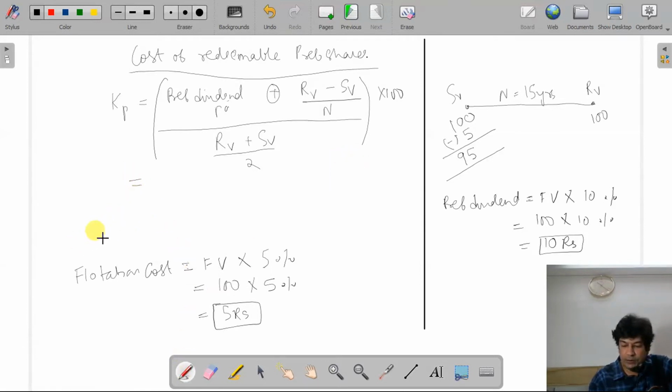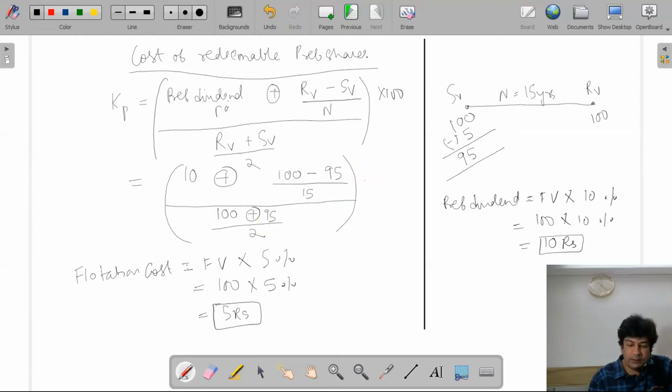So the preference dividend is 10 plus the redemption value is 100 minus the sale value is 95 upon we have 15 years. Then the redemption value is 100 plus the sale value is 95. Then this we are going to divide by 2, and this we will multiply by 100. So you have to be alert that I will be solving this part over here.